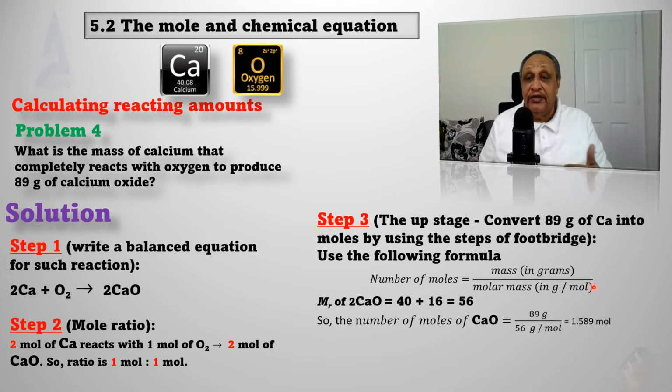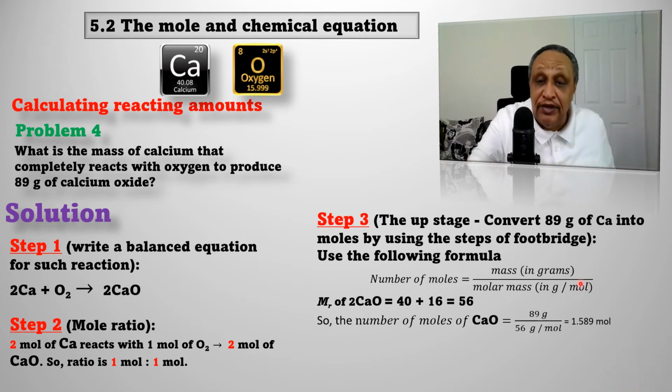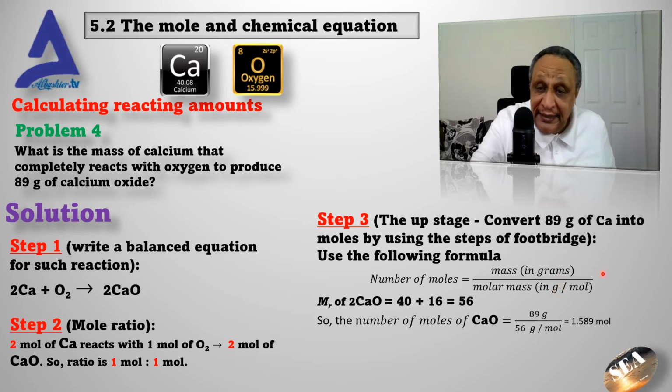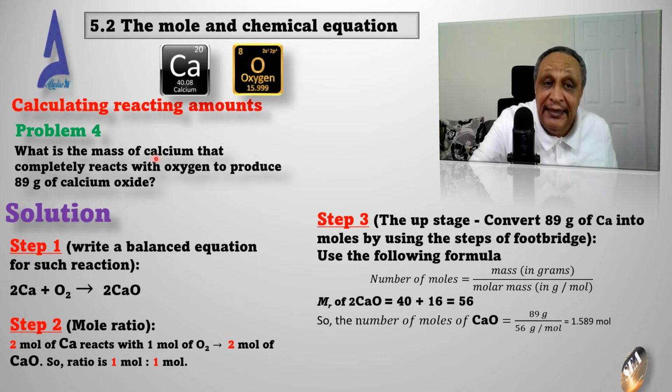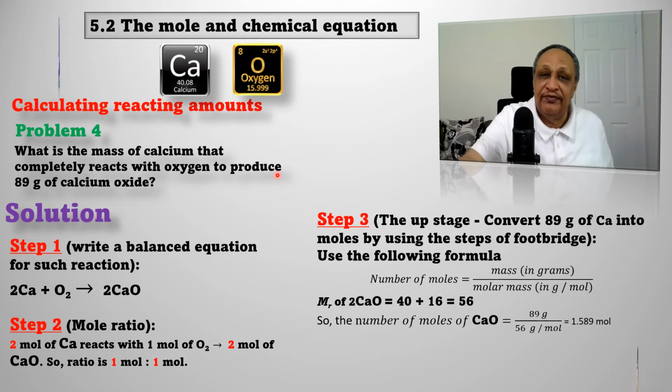Now we are going forward in order to solve the other side of the problem, because this is not needed. We need to use this in order to bring out the calcium, because the demand is the mass of calcium.